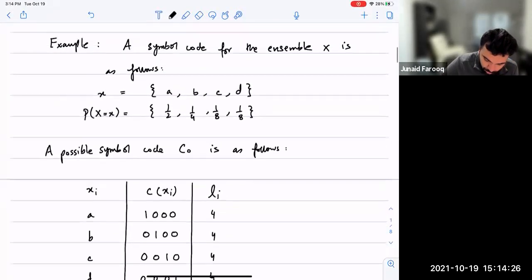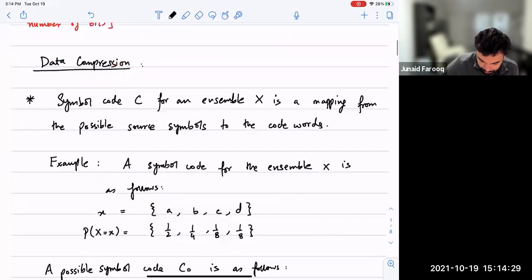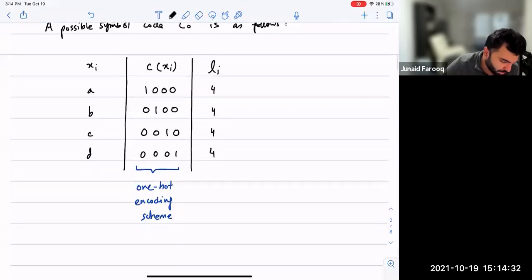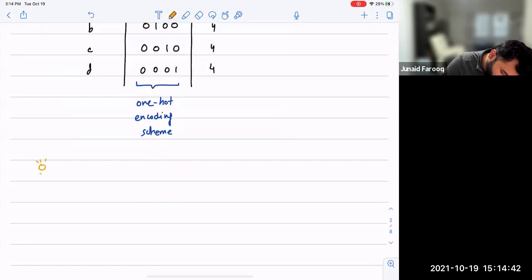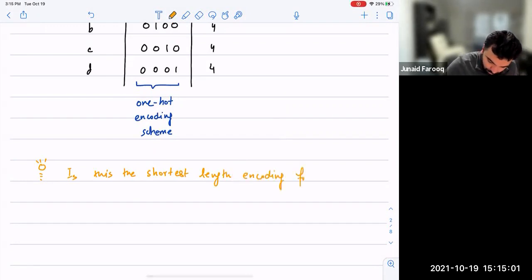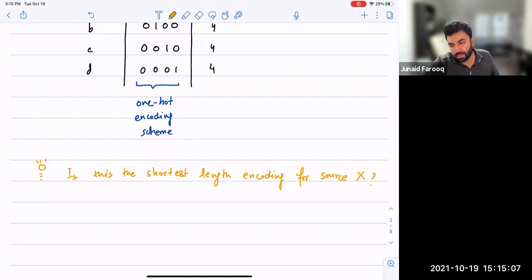Now the question is, because we are looking at data compression, our goal is to see what is the shortest length encoding of this source X. So X is a random source which is providing you with some symbols with certain probabilities.